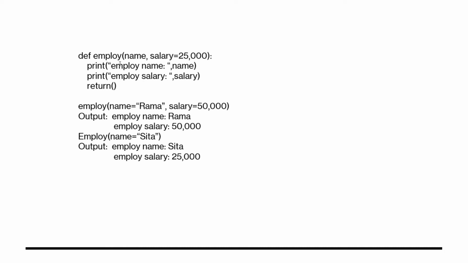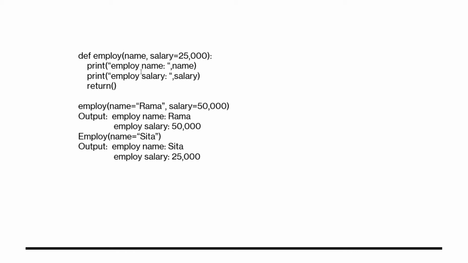We are printing the name and salary of some particular employee. It gets the value, prints the value, and returns the same value to the calling function or the main function.